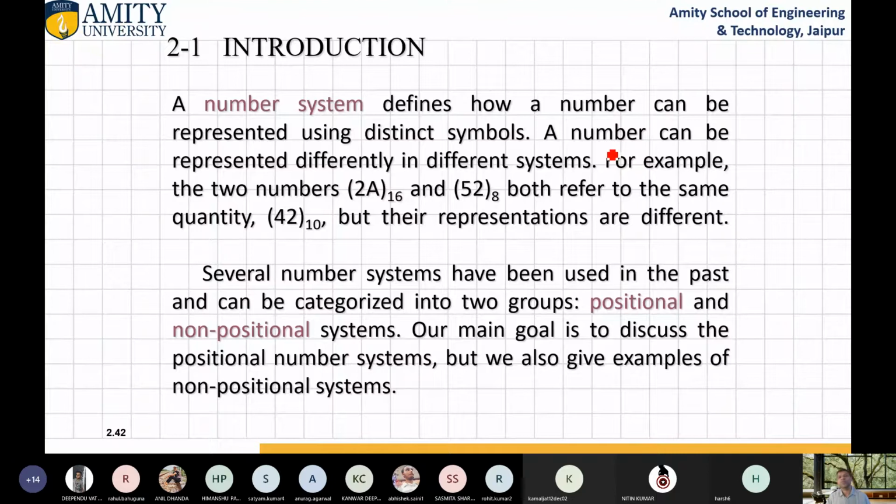Whatever number system includes 0 is a positional number system, meaning you can write the number and extract the value according to the position. And for non-positional, I have one example, that is the Roman number system.